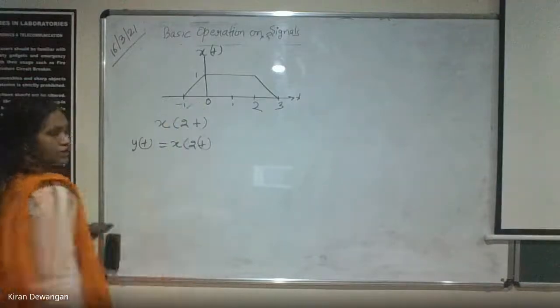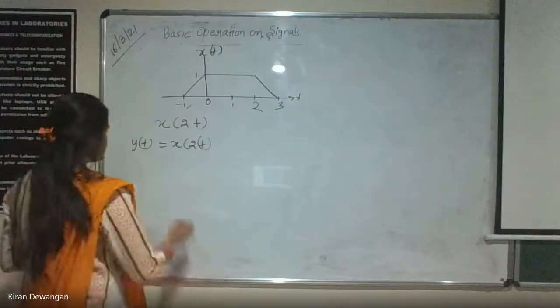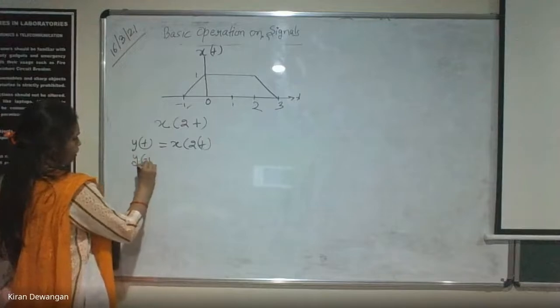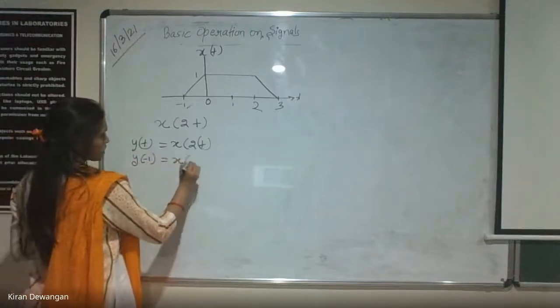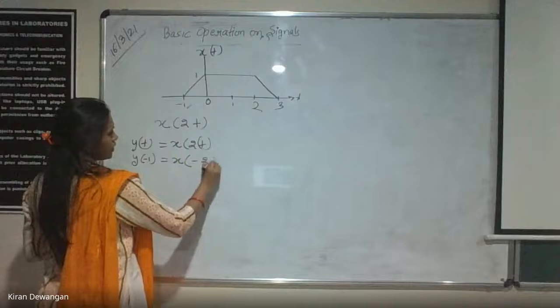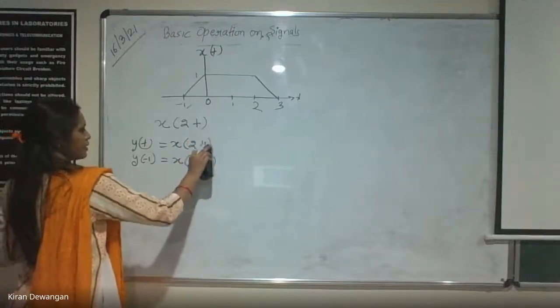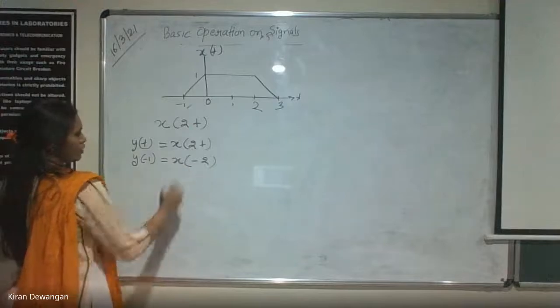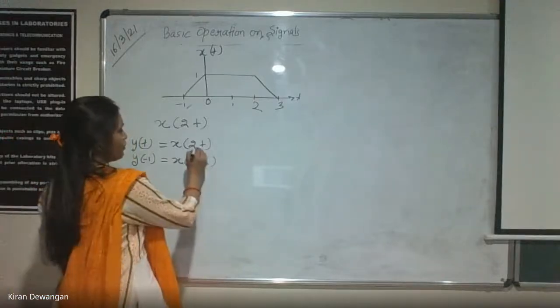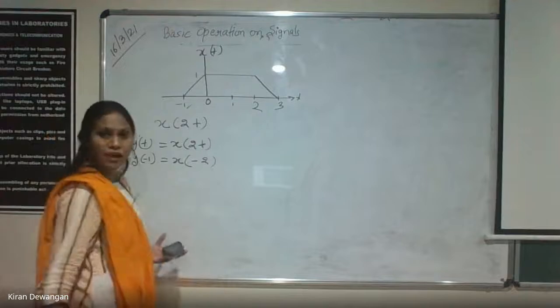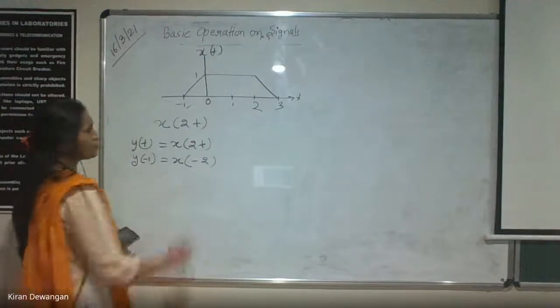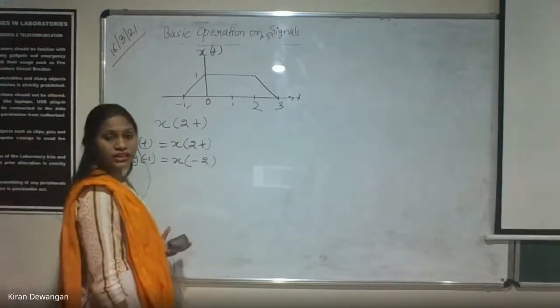We'll start with -1 again. y of -1 will be x of -2. If we keep the value of t as -1, what is x of -2 now?